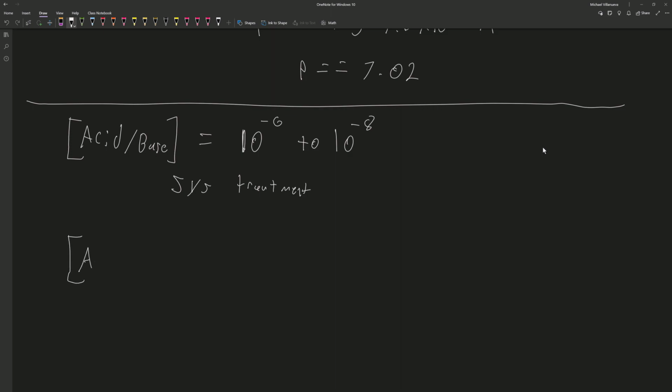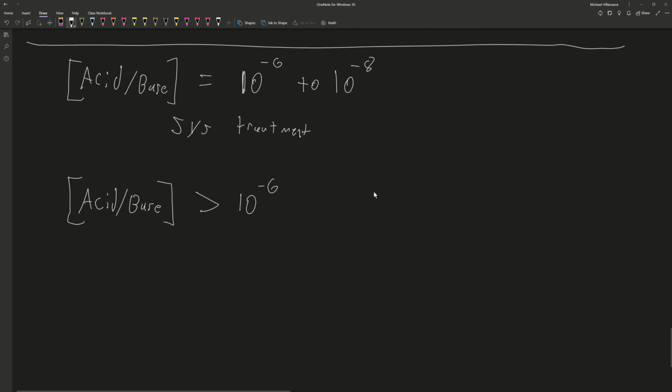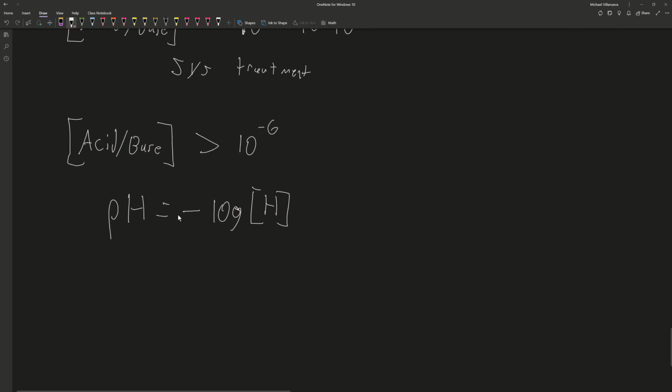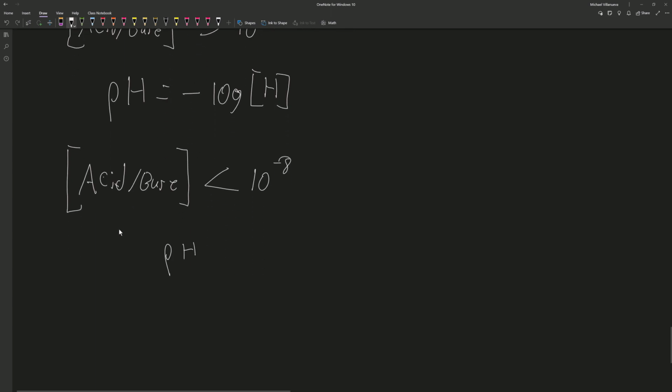If the acid-base concentration is greater than 10 to the negative 6, pH will equal the negative log of the concentration of H. And finally, if the acid base concentration is less than 10 to the negative 8th, pH equals 7, because at this point it's just so low it doesn't matter.